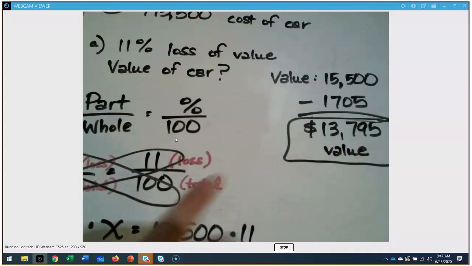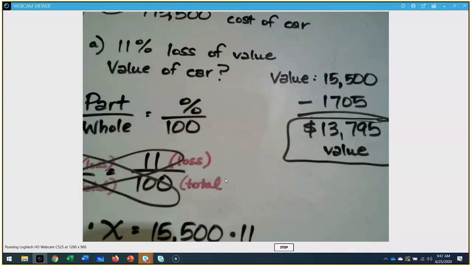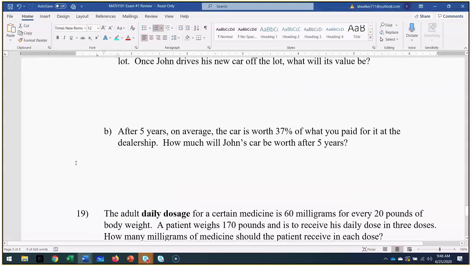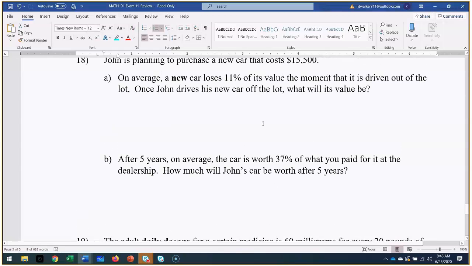This is very similar to a discount problem where you have to find the discount and then subtract to figure out how much you pay for it. Let's look at part B. After 5 years, on average, the car is worth 37% of what you paid for it. So how much will it be worth? Now this is different. You're not talking about losing a value.